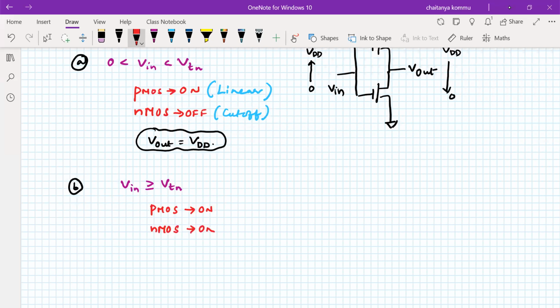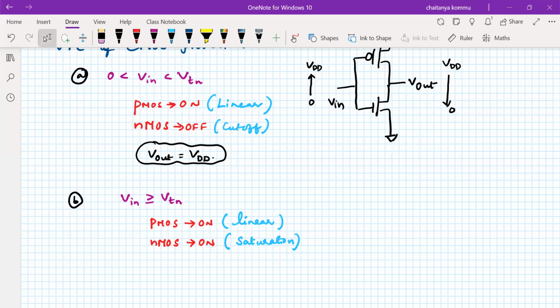It becomes on, so it goes from cutoff to on. PMOS remains in linear, but as soon as NMOS is on, it will be in the saturation region. Why is it in saturation? Because the drain potential of the NMOS transistor is more than the gate potential. In that sense, the drain is more than the gate, therefore the NMOS transistor will be in saturation region.